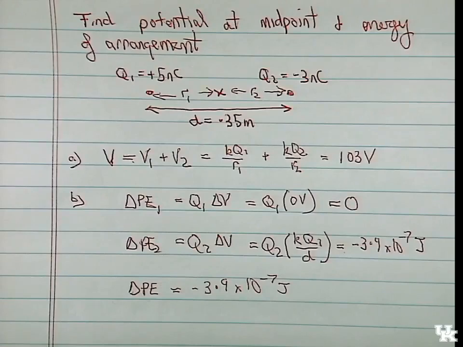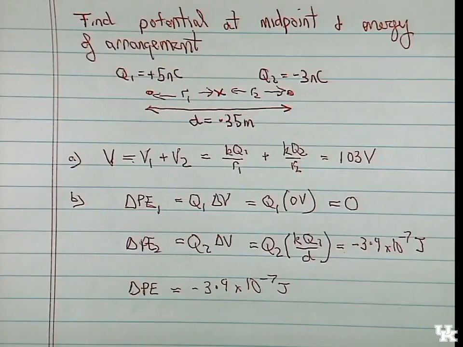Now, let me say a few words about that negative sign there. What does that mean? These are opposite charges, unlike charges. Opposite charges attract one another. They want to be with each other. Because they want to be with each other, they're attracted to one another. The second charge just flew in towards the first charge.